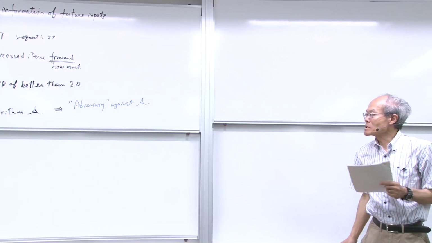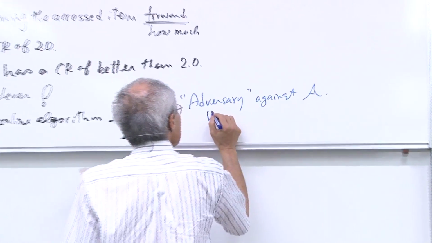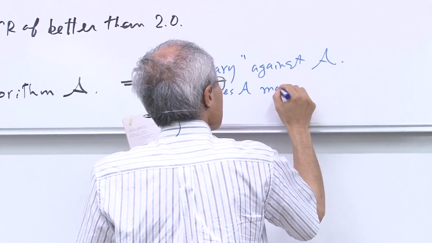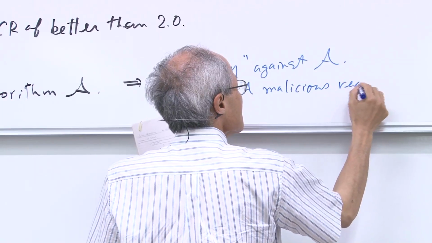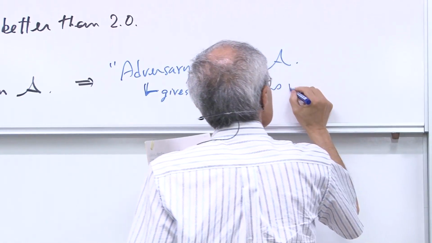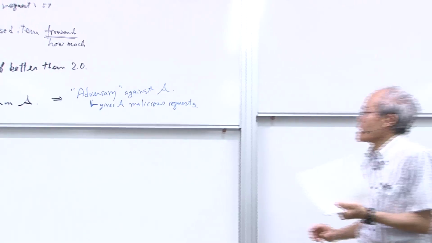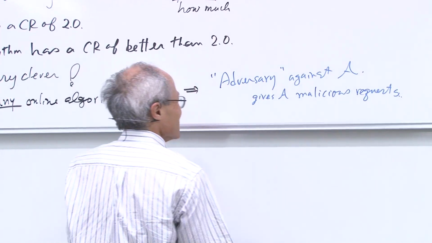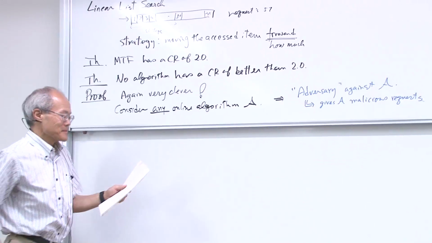This adversary gives malicious requests to this algorithm A. And this is the basic idea of the proof.